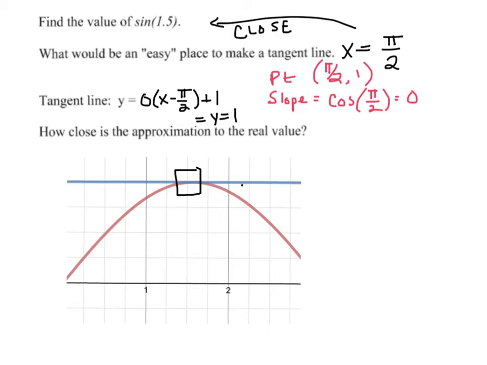There is no x here, so since it's y equals 1, I would just estimate that the sine of 1.5 is approximately 1. And in fact, it's 0.998. So it's really similar. So you find the tangent line, and you use that tangent line to look at the curve.